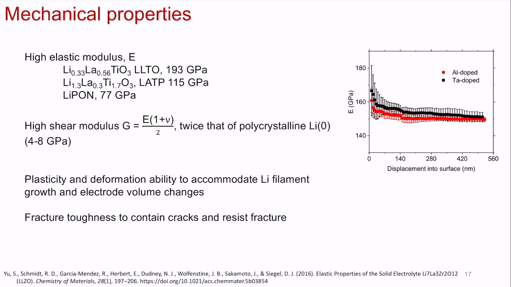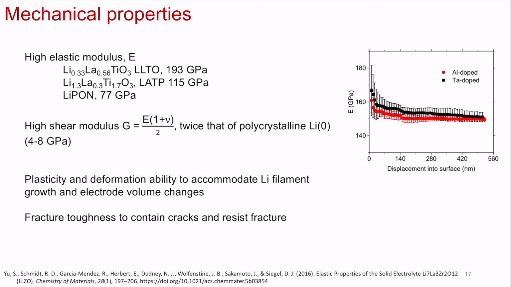But that's something you have to take into consideration: the oxides are extremely stiff, and the sulfides are not. When you work with sulfide-based solid electrolytes, the shear modulus comes down to about 7 gigapascal.